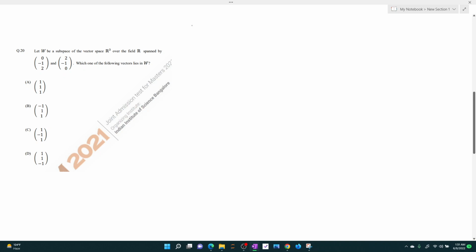So what is W? W is the collection of all vectors of the form x times (0, -1, 2) plus y times (2, -1, 0), where x and y belong to the real numbers and are arbitrary constants. This is what span means.